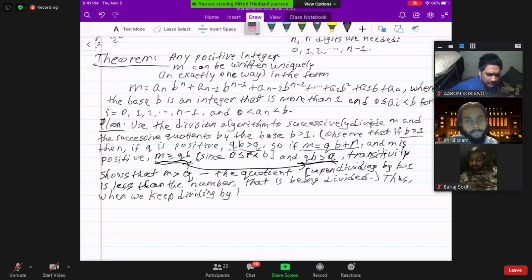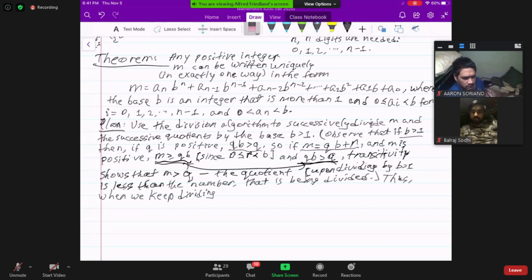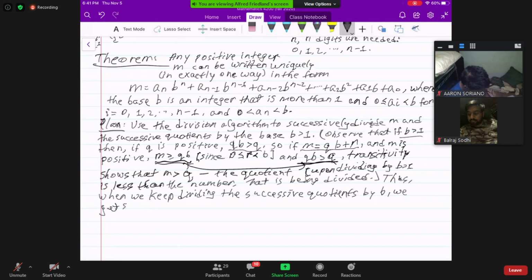We keep dividing, I'll say what we're dividing. I already said it, but I'll say it again. When we keep dividing the successive quotients by b, we get smaller and smaller quotients.